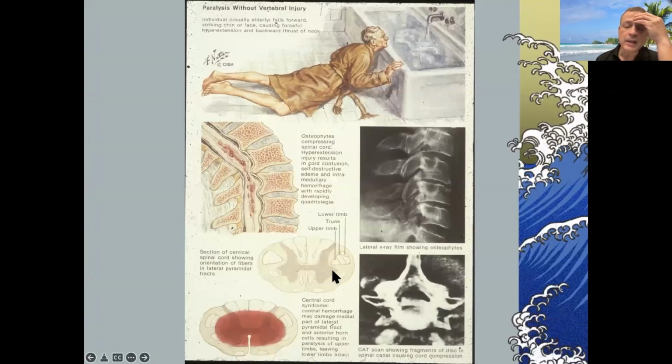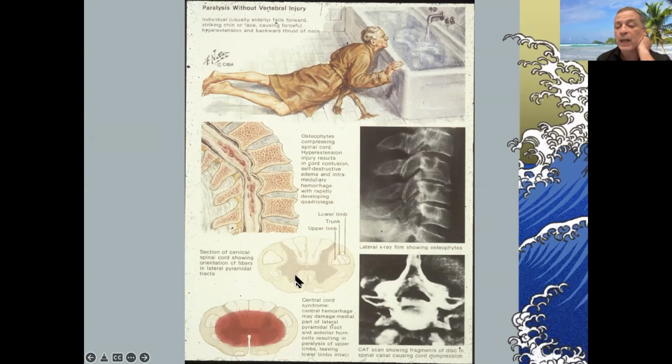And the reason it was called central cord syndrome was always thought to be because there's an area of central damage to the cord, that the corticospinal tract is somatotopically organized, and you're preferentially picking off the upper limb fibers while the lower limb fibers remain intact.